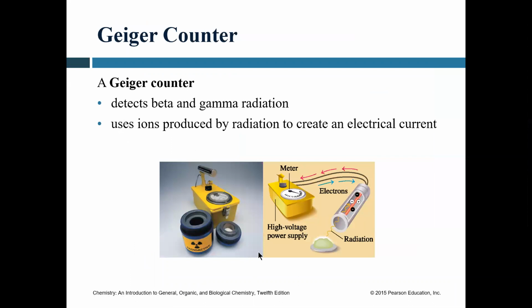A Curie is the number of disintegrations that occur in 1 second for 1 gram of radium. So she used radium as her standard, specifically a gram of it. That is equivalent to 3.7 times 10 to the 10 disintegrations in a second. It's a relatively large number, 3.7 times 10 to the 10 disintegrations in every single second.